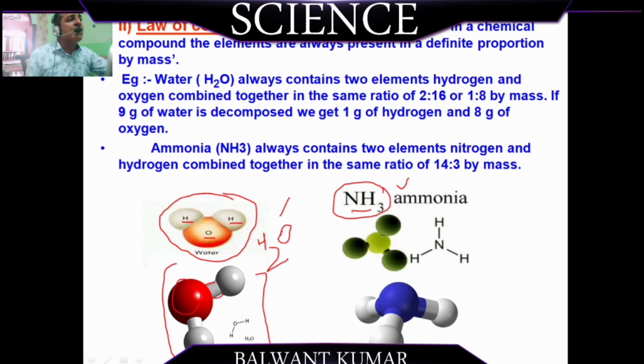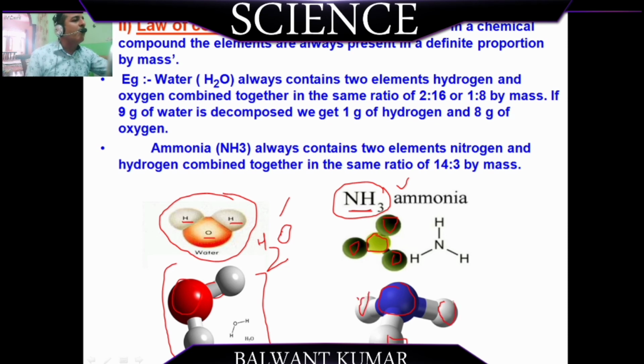So, if we collect ammonia from these two samples, the gas released at the marshy areas and the compound present in human urine, and we carry out the chemical composition, we will find that each sample has ammonia as NH3, where one nitrogen atom is in bonding with three hydrogen atoms: one hydrogen atom, second hydrogen atom, third hydrogen atom.